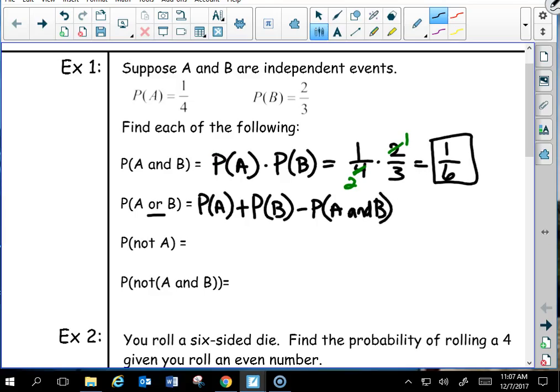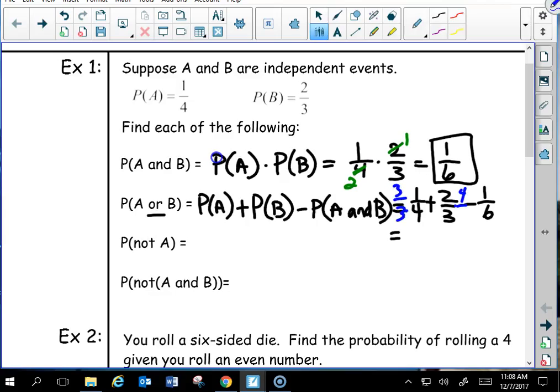Now, we just calculated that number in the previous step. So, and I'm going to run out of room here. Let's see if I can fit this in. We get 1/4 plus 2/3 minus 1/6, the probability we got from the probability of A and B. So I'm going to convert all of these to 12ths.